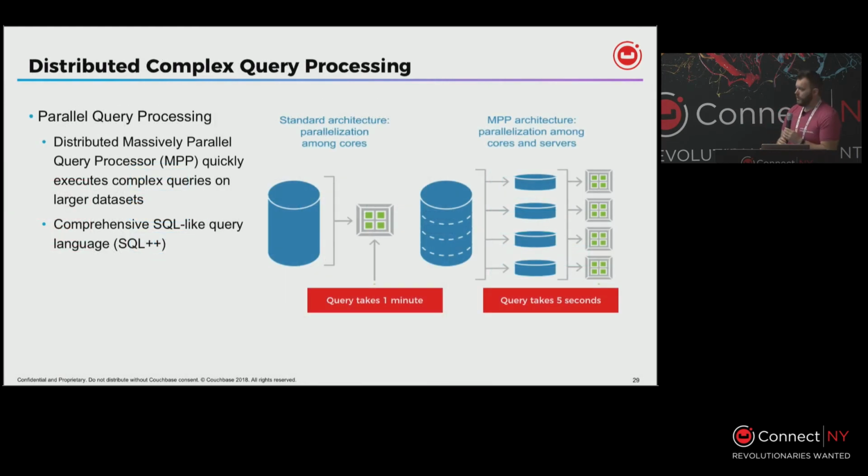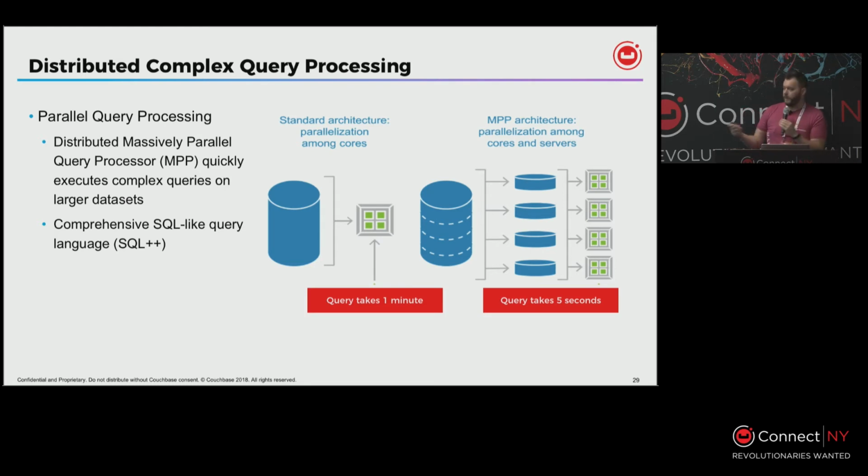So when we start looking at this complex processing in terms of a standard architecture, when all you're doing is parallelizing your query across cores, which is what we do with Nickel, on large data sets or extremely complex queries, that could take a minute, for example, for a query to return.